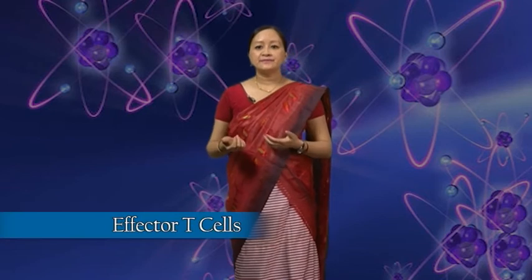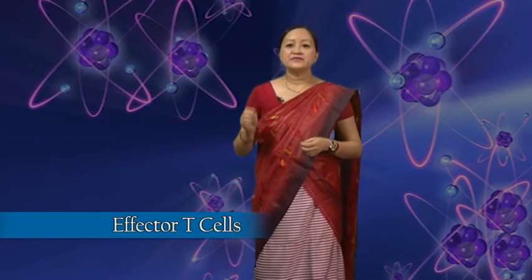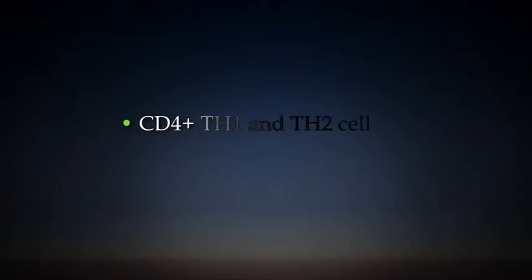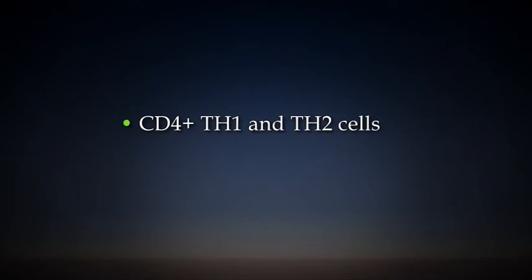Effector T cells. The three types of effector T cells are CD4 positive T helper 1 and T helper 2 cells, and CD8 positive CTLs. Effector cells exhibit several properties that set them apart from naive helper and cytotoxic T cells.